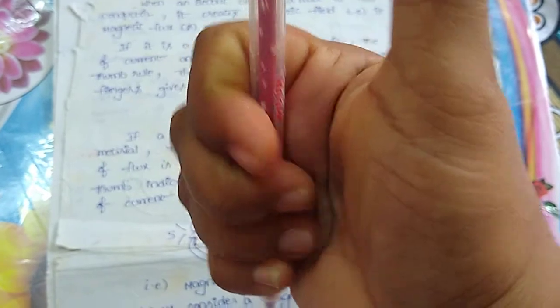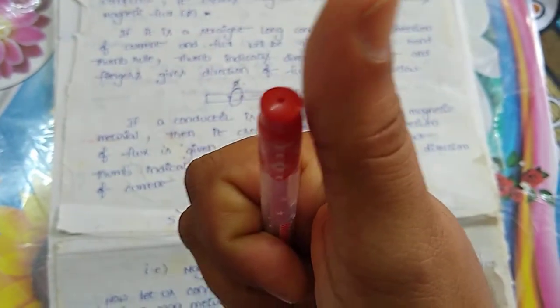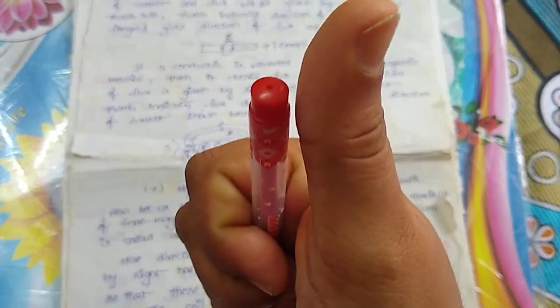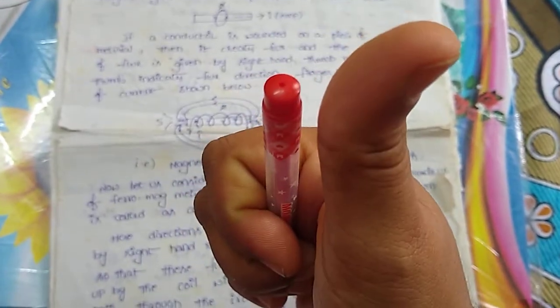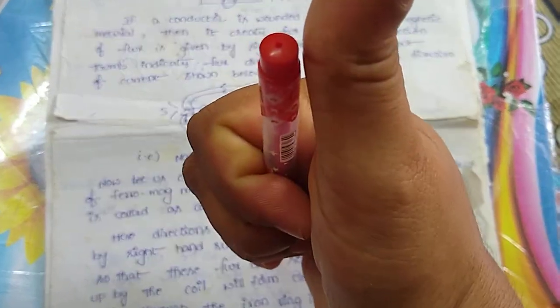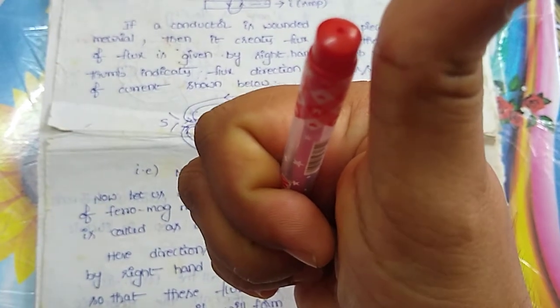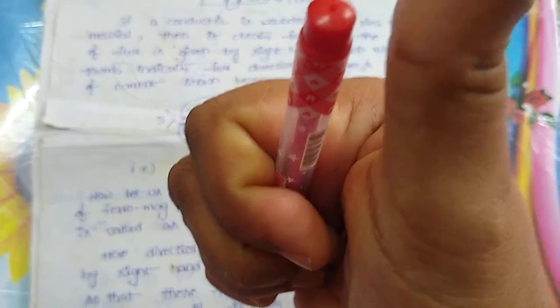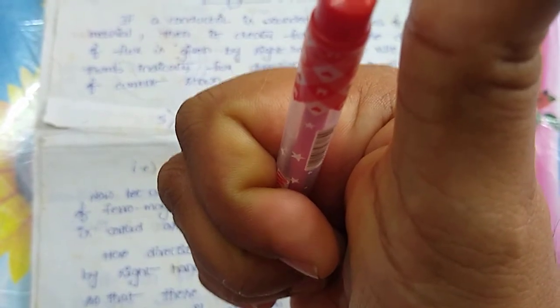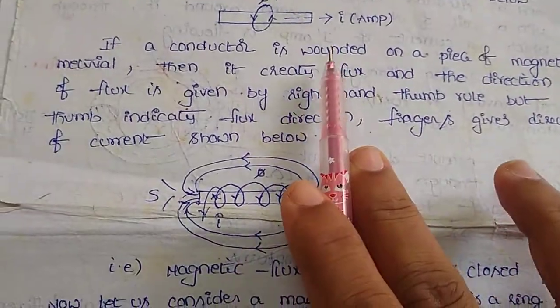Here the pen is the conductor, and if we hold this pen with our right hand, the thumb indicates the direction of current, and our folded fingers indicate the direction of flux. So as per this right hand thumb rule, we can identify the direction of magnetic flux lines according to the direction of current. So how is the magnetic field produced?